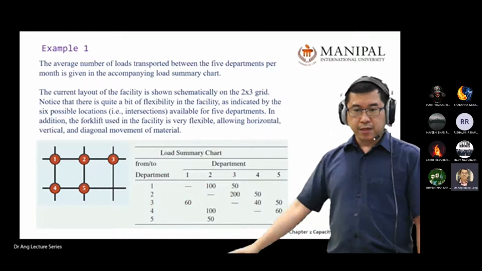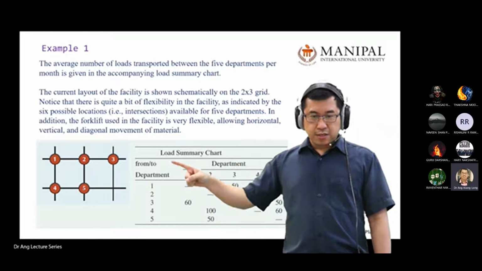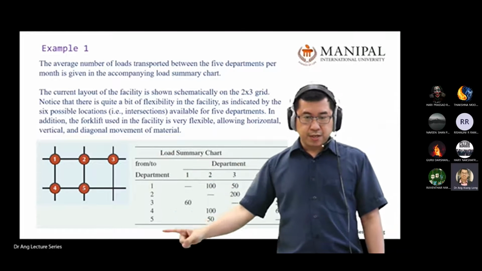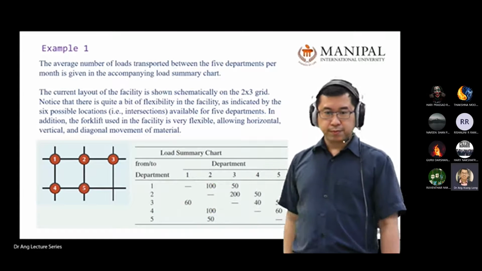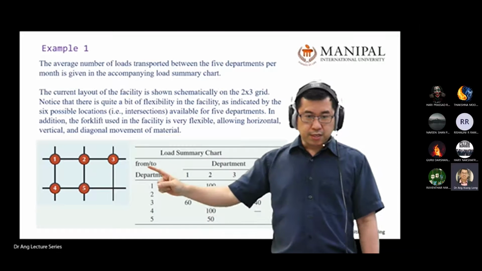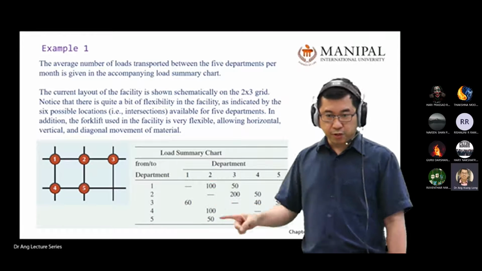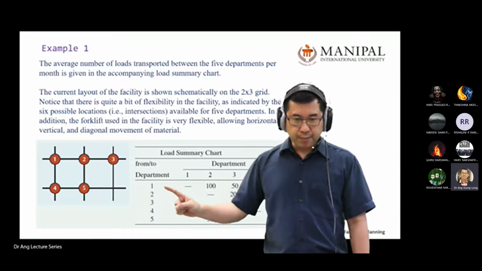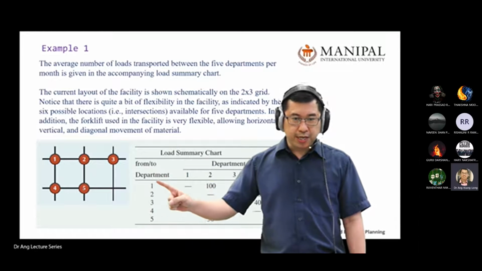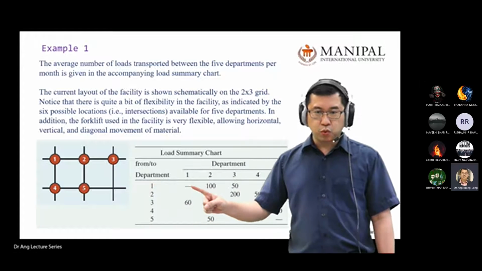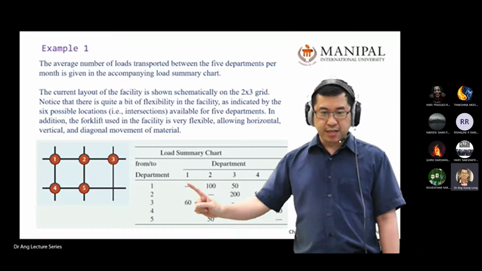Okay. What can you find in the load chart? You can find the departments on the column and row. This is from and to department. How do you read this load chart? You have all the numbers here. If you start from station 1, or from department 1 to department 1, there's no activity there.